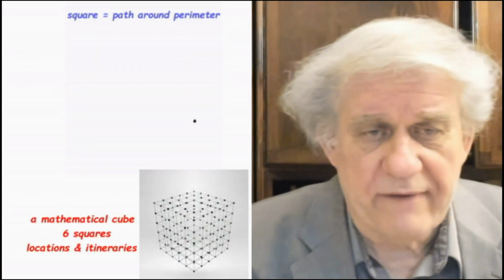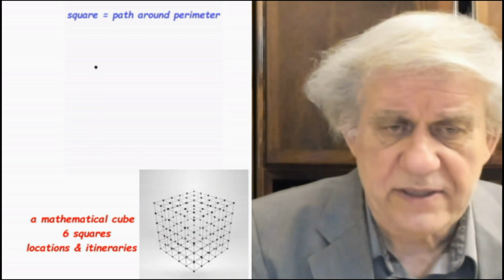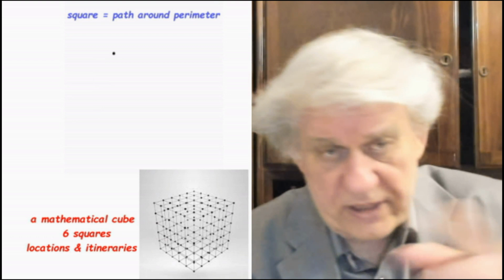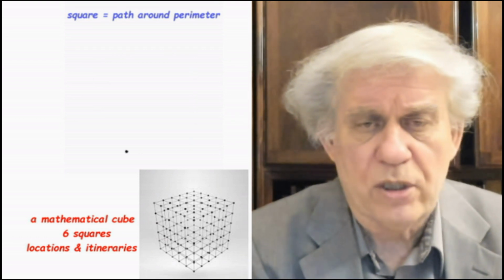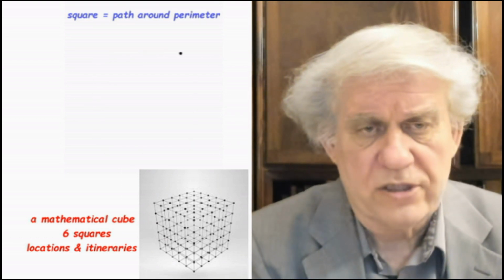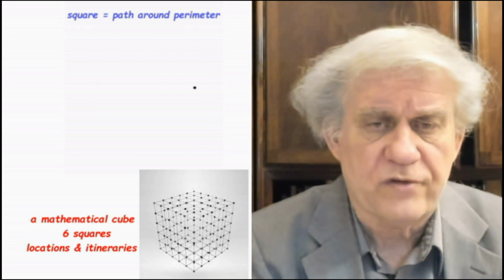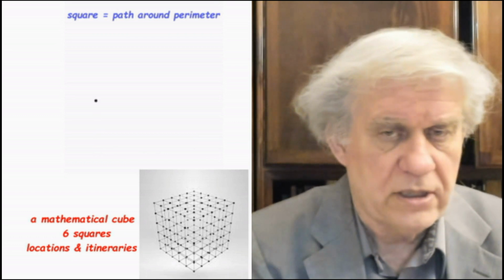Okay, so here we have the square. That was the next geometry we talked about. And the cube. What is a square? Well, it's an itinerary. It's a perimeter. A bunch of locations around the fence. That's what it is. And so the square is what you see, that little dot tracing all around. That's what a square is for the purposes of mathematics, of geometry.